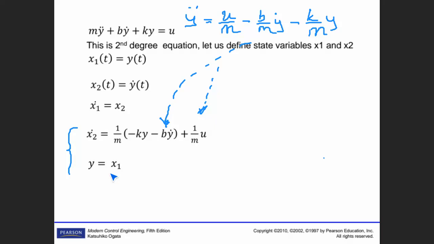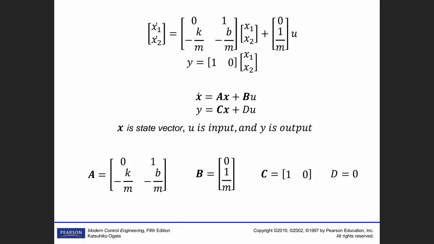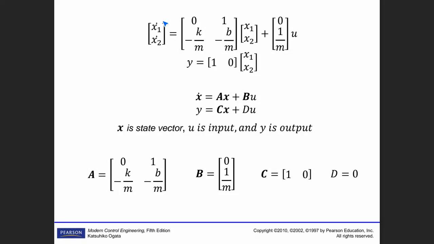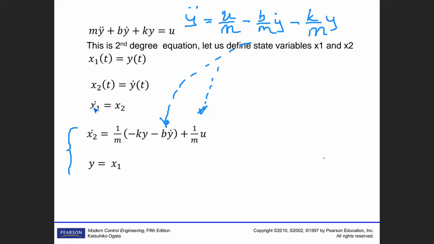In order to make it in matrix form, you can easily write x1, x2, your state variables: 0 times x1 plus 1 times x2 is equal to x1 dot. Yes, x1 is equal to y. So sorry, x1 dot is equal to x2.